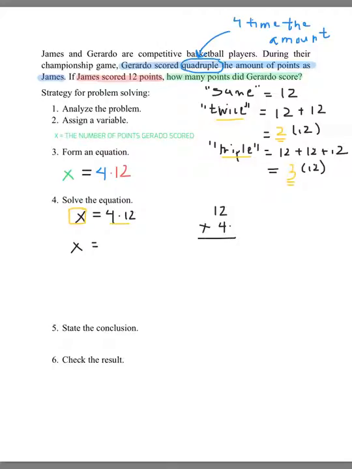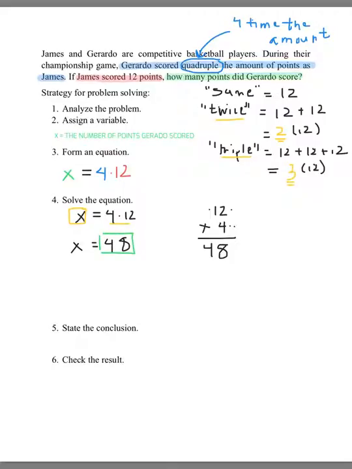So we're going to do 4 times 2, which is 8. And then we'll do 4 times 1, which is 4. So then 12 times 4 is 48. Therefore, our variable x is equal to 48 numerically.